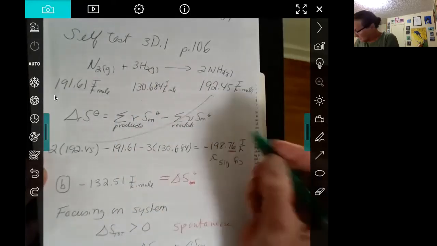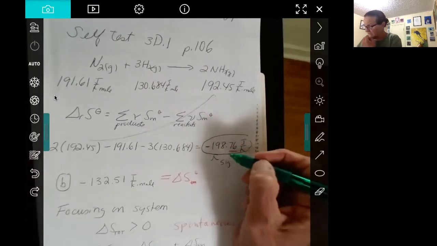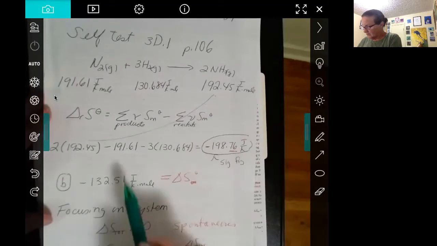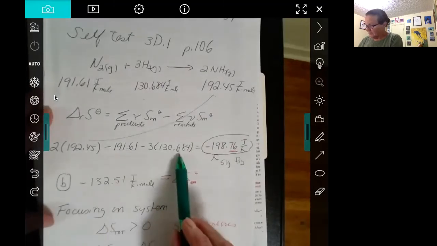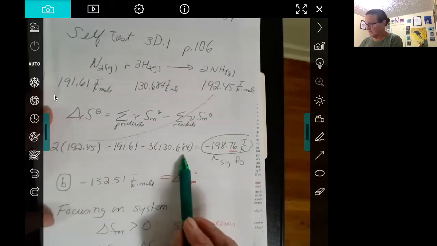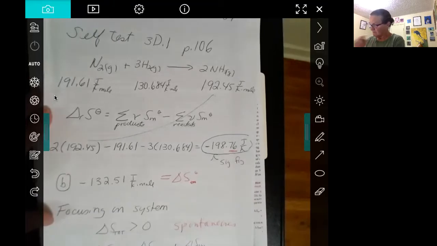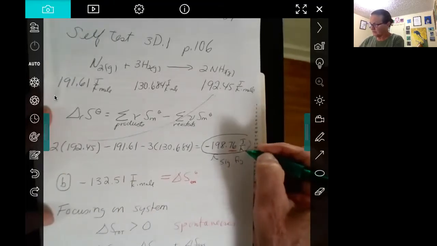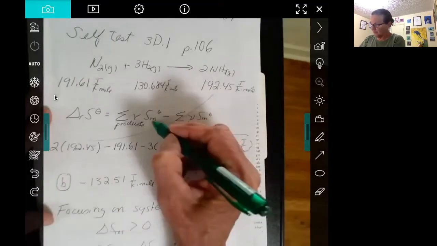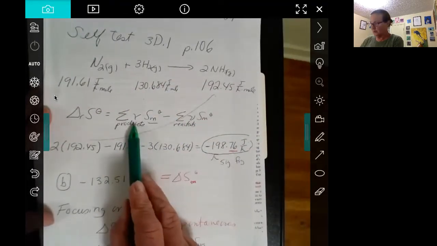And we end up with negative 198.76. And notice that we have only 2 digits to the right of the decimal in these two. So even though we had 3 here, we're going to be limited in our sig figs by 2 to the right of the decimal. The units are joules per K. When you look up in the back of the book, these will each be molar, but we multiplied then by how many moles we have.